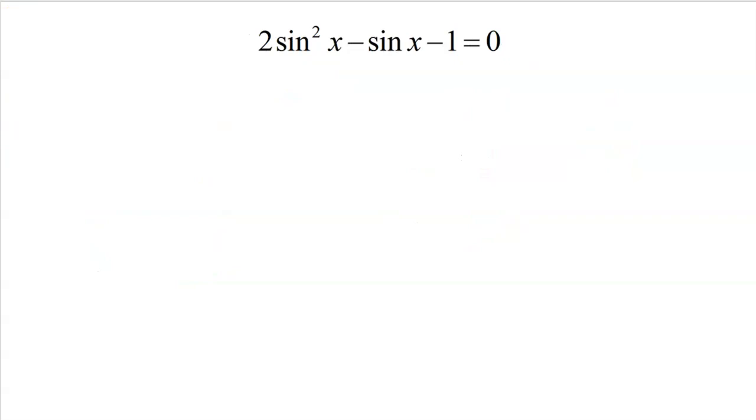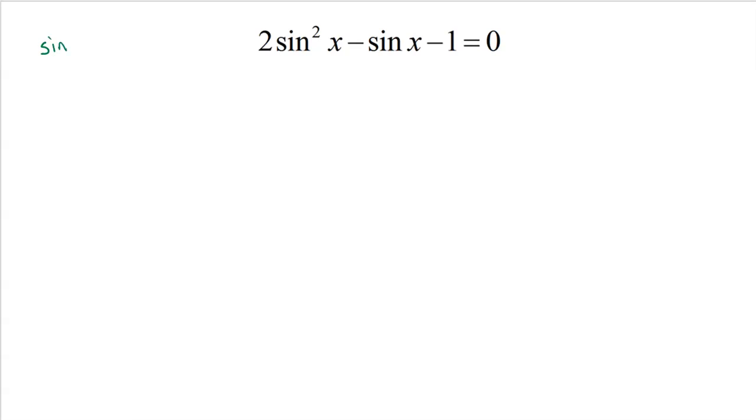All right, let's try another one here. So we have 2 sine squared x minus sine of x minus 1 equals 0. The idea here is we're going to factor this much like we factored a trinomial. But again, for some kids it helps if you take the trig out of it for a second. Once you get the ball rolling, I don't think you're going to need to do this, but to start, take the trig out of it.